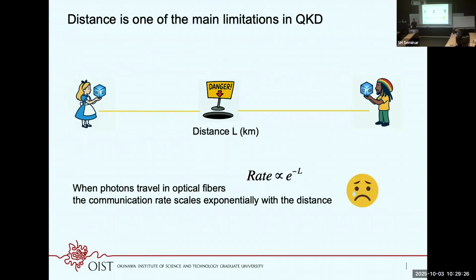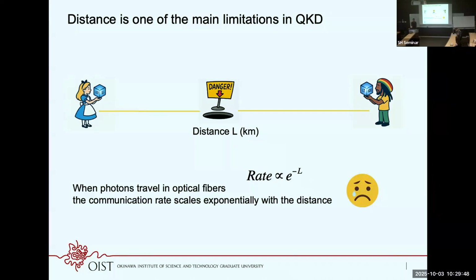For long distance, we want to reach, for example, thousands of kilometers, or even 10,000 kilometers. Already at 100 kilometers, if you just put 100 here, this should be divided by something else, I'll show you later.